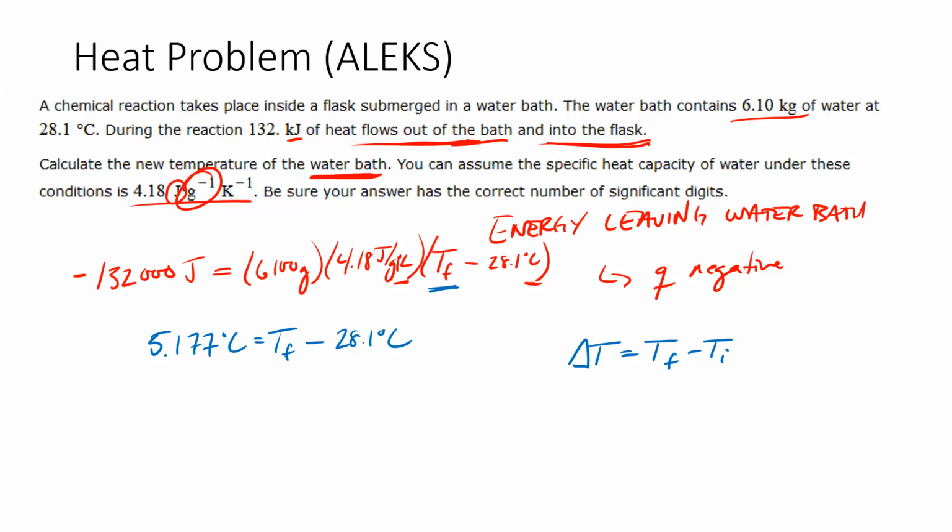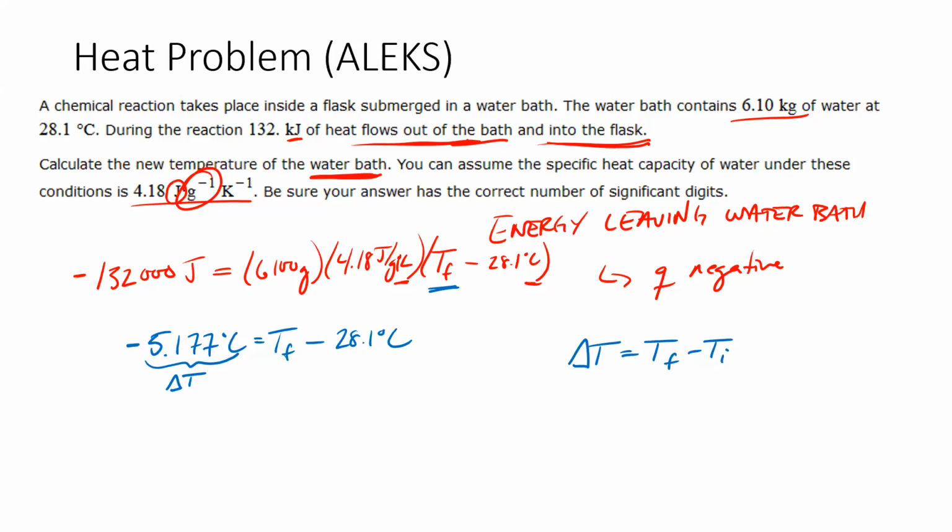And so if the question had asked you for delta T, you could stop there, right? Because this is the temperature change. Oops, I dropped my negative sign, forgive me. Negative 5.177 is my temperature change.